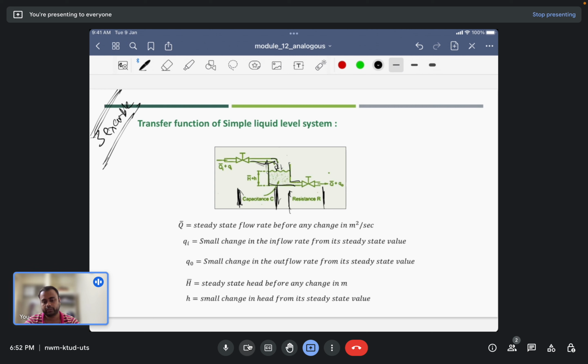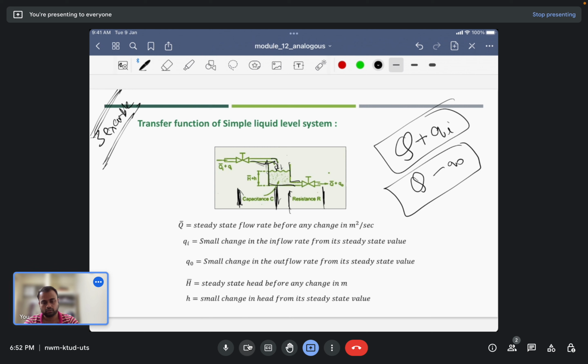So steady flow rate Q is given. Small q is the small change in the inflow, and Q naught is the small change in the outflow. So these are the Q's. Steady flow is Q. The inflow will be adding, so it will be Qi, and in the outflow we will be subtracting Q. So the direction will be plus, and this will take care of itself.